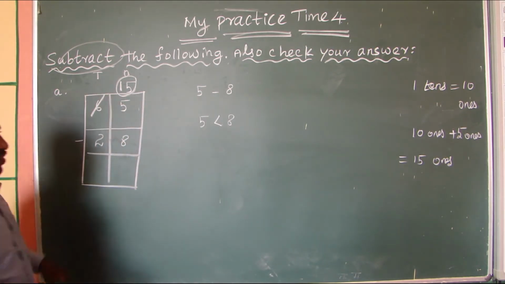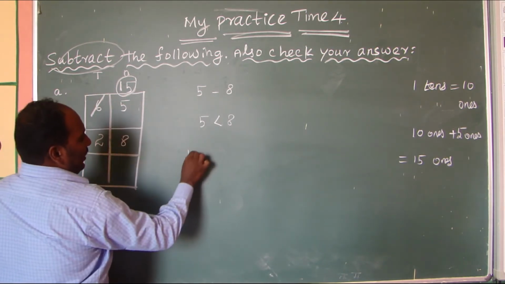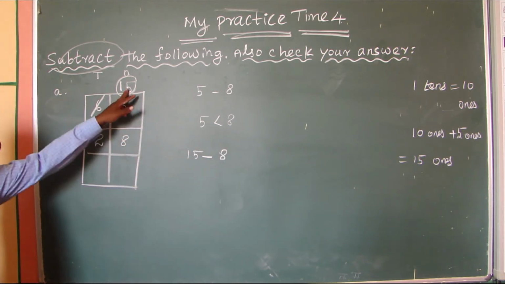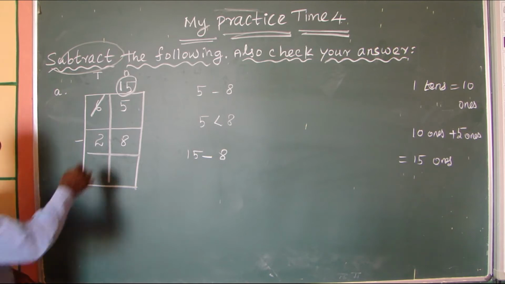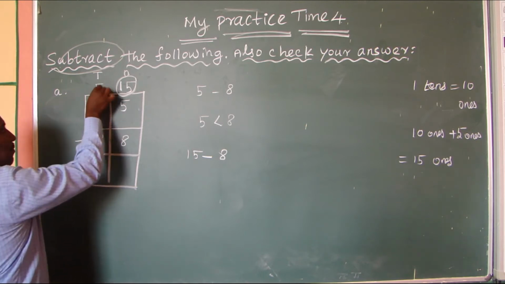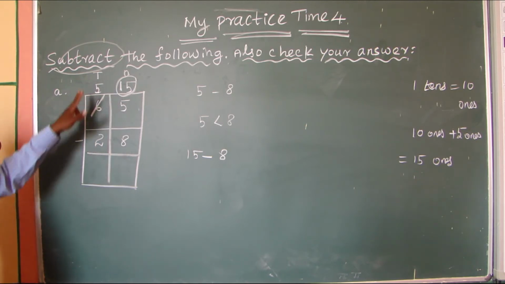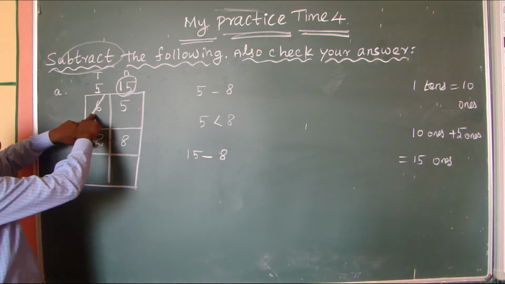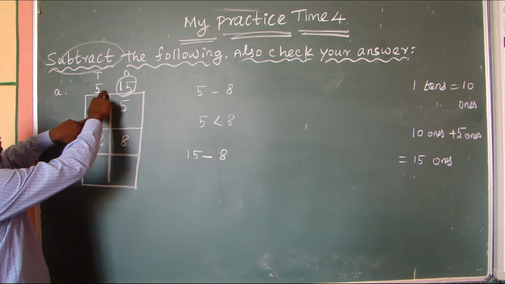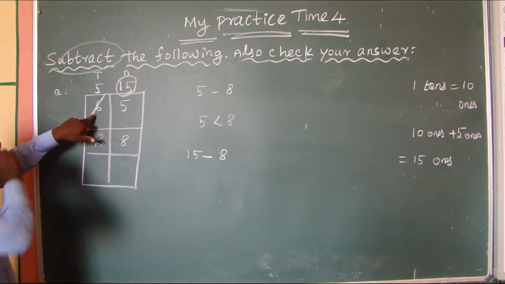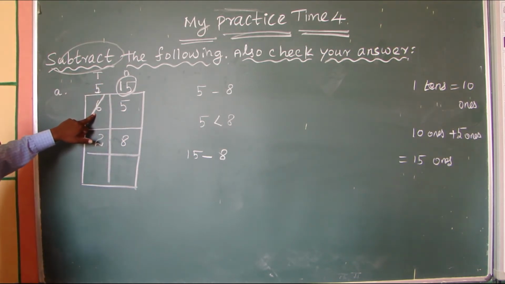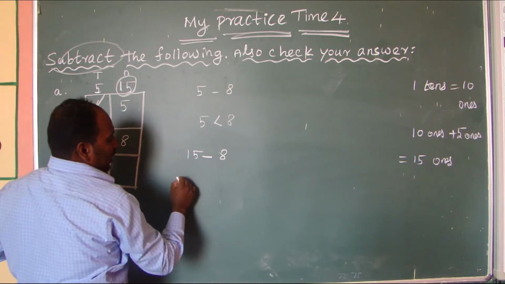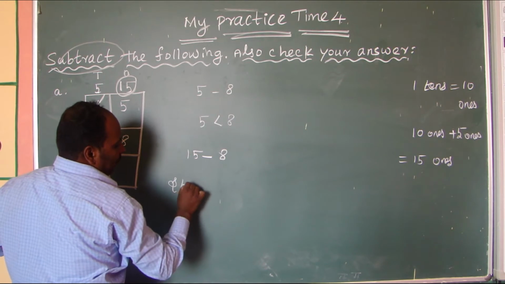Now we solve 15 minus 8. Here 6 becomes 5 because 6 minus 1 is equal to 5. 5 means 5 tens. Now 15 minus 8. Step 1.